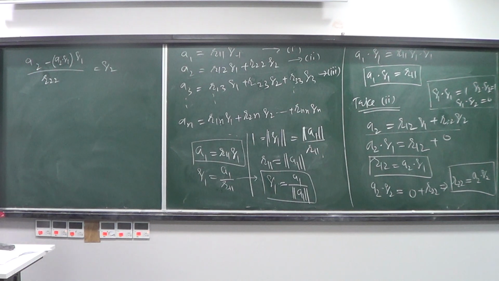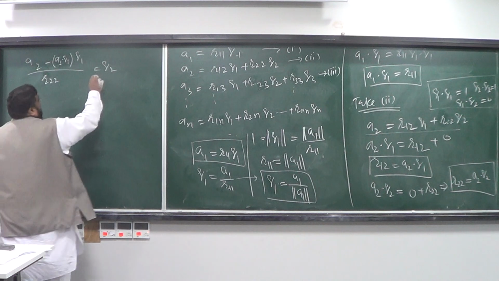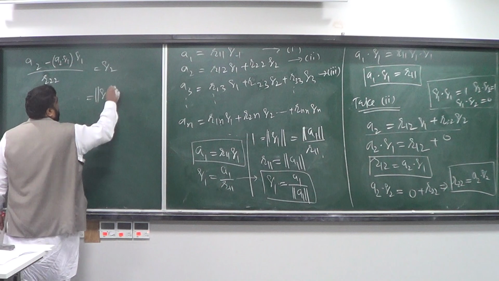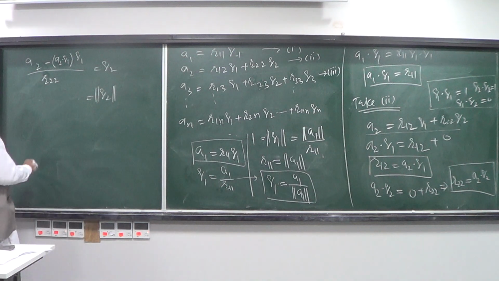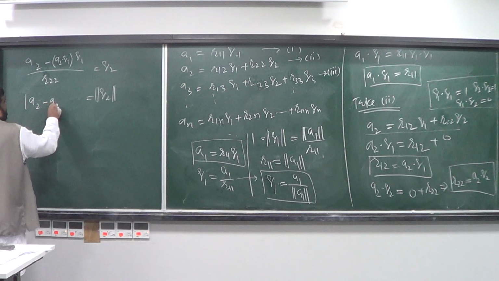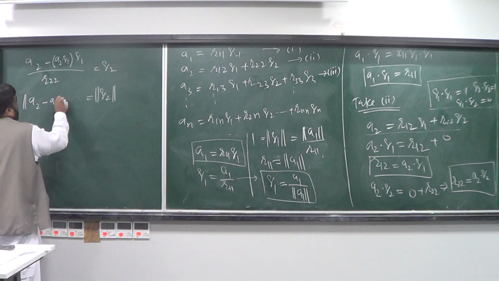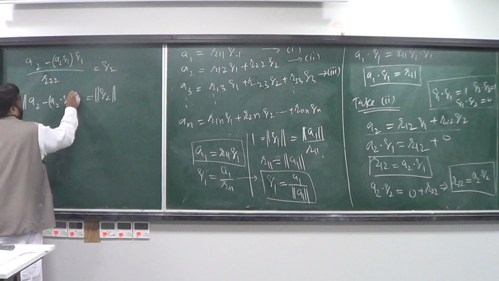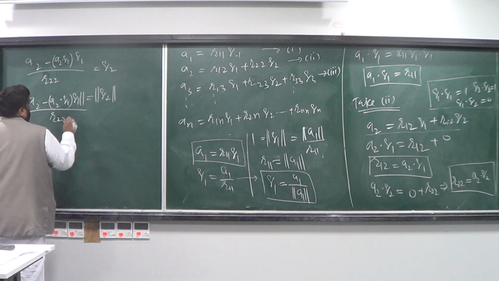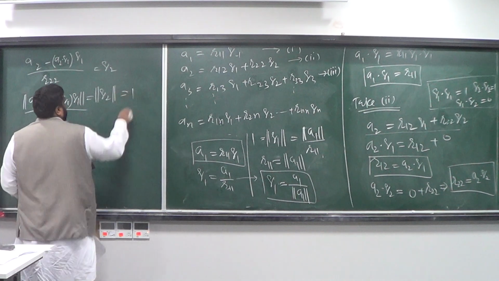Now I know about Q2 that it's a unit vector, so it has unit length. If I take the magnitude of Q2 on both sides, I get the magnitude of A2 minus A2 dot Q1 times Q1, everything divided by R22, equal to 1.